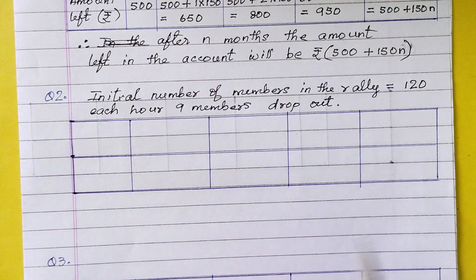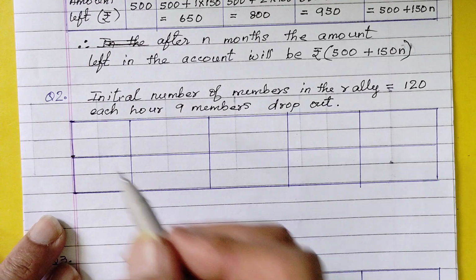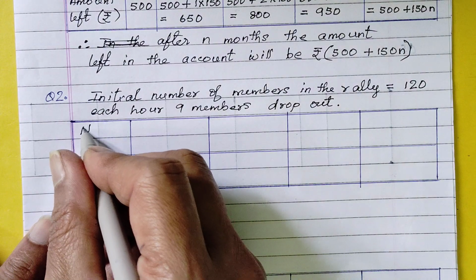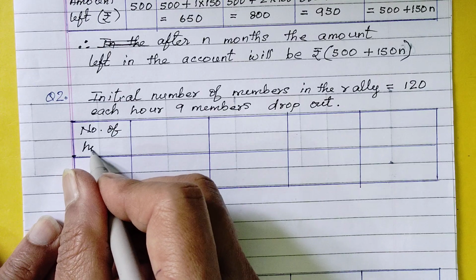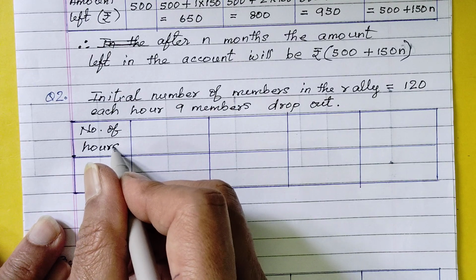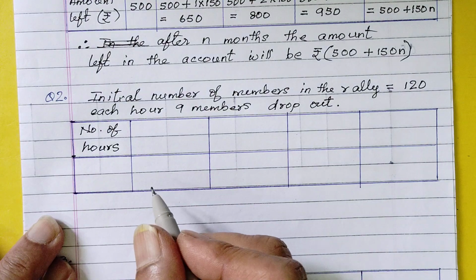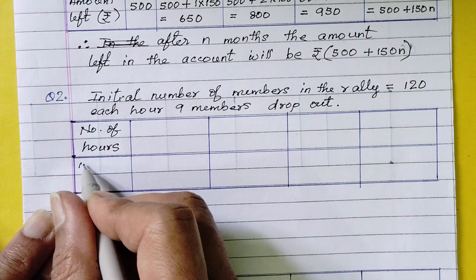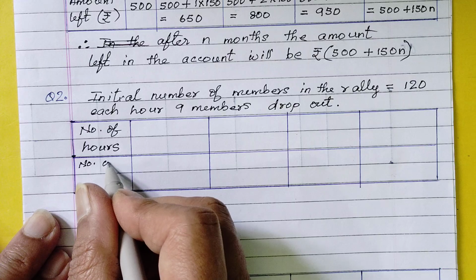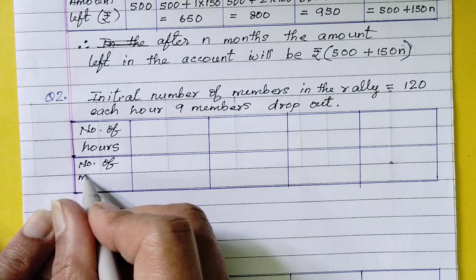So we will make a box. The first row shows the number of hours. The second row shows the number of members left.